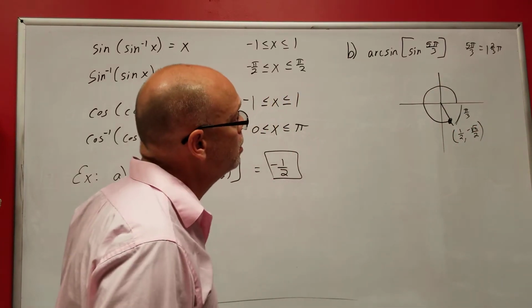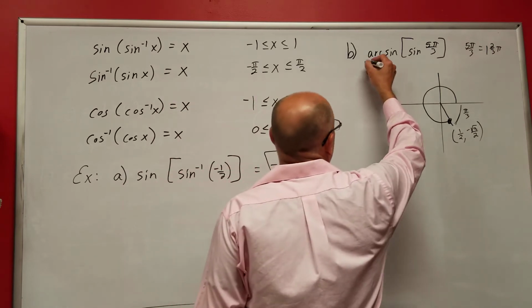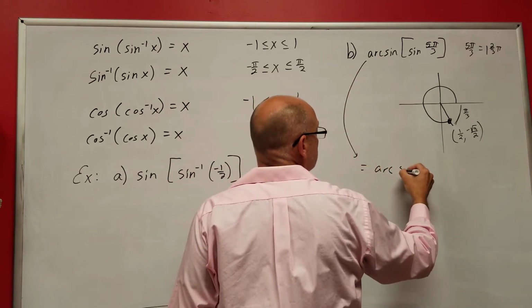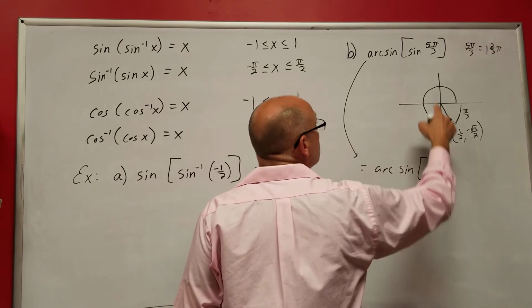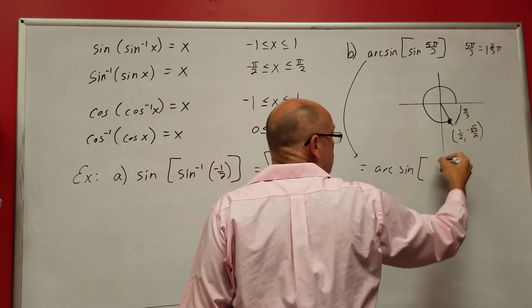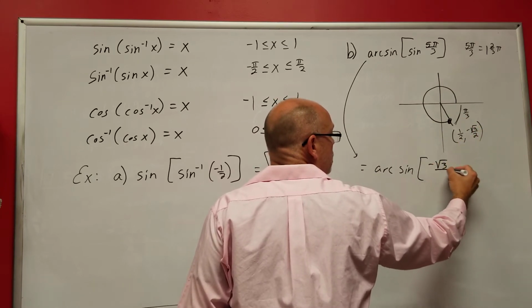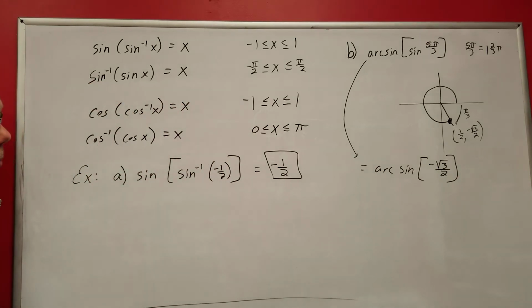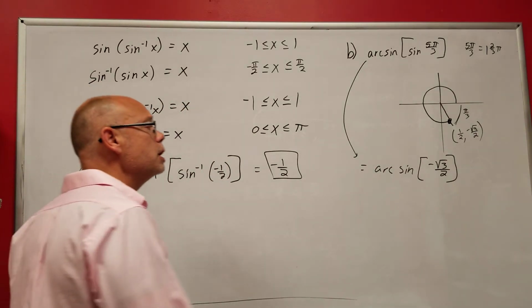All right, let's see. So I'm going to come down here and I'm going to say this stuff is equal to the arc sine of, what is the sine of 5 pi over 3? Negative square root of 3 over 2, right? Now what does this mean?